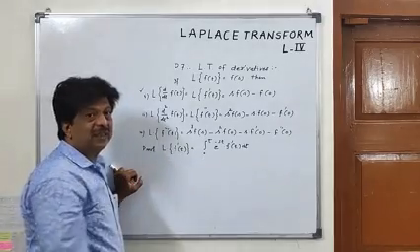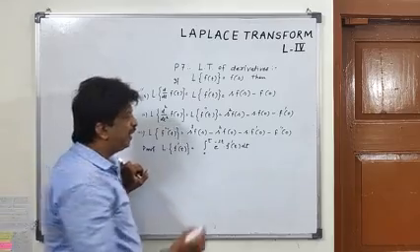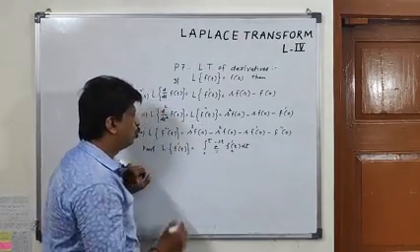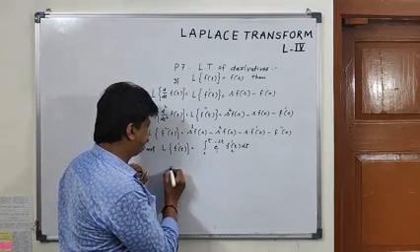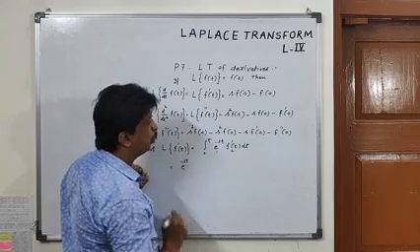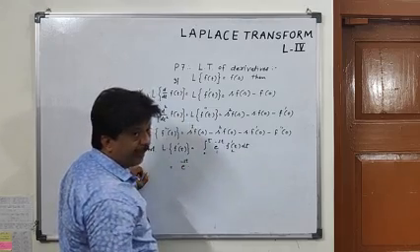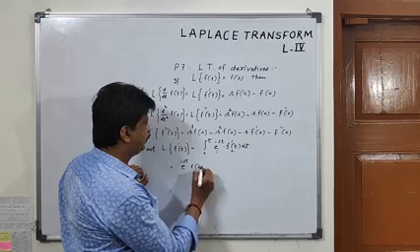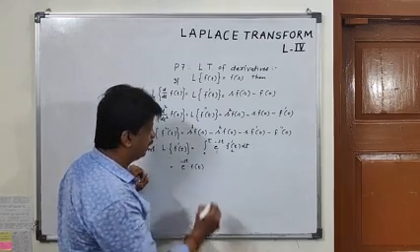Now integrate this by choosing this exponential as the first function and this as the second function. So first function is e raised to power minus st into integral of f prime of t, which is f of t, first function into integral of second.